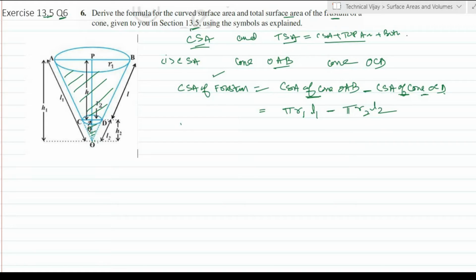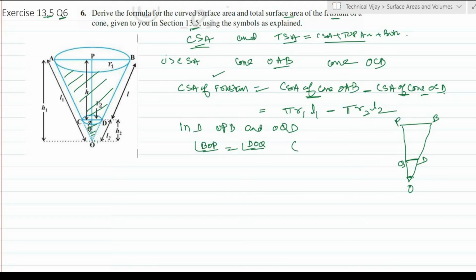Now we will consider triangles OPB and OQD. Considering these two triangles, we have to show similarity. Angle BOP is equal to angle DOQ, because it is a common angle.